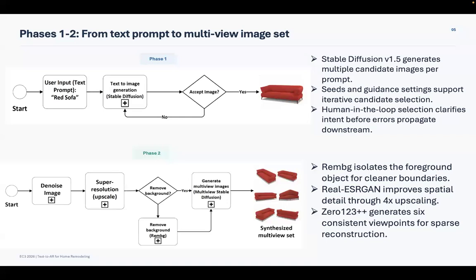These synthetic views approximate photographs taken from different angles and provide the visual information required by the reconstruction stage. Remember, the quality and the consistency of these views are critical because errors introduced here can become geometric artifacts in the final mesh. And that is why it is important for us to include the human in the loop aspect.